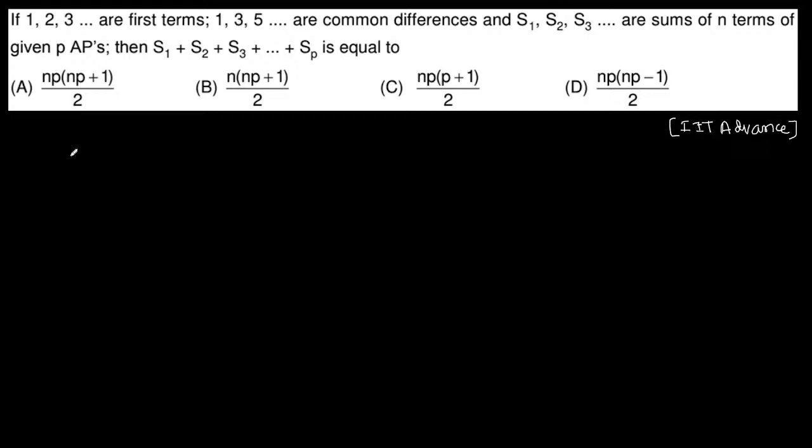If 1, 2, 3 are the first terms and 1, 3, 5 are the common differences, then S1, the sum of n terms, is n by 2 into 2 into 1 plus n minus 1 into d.